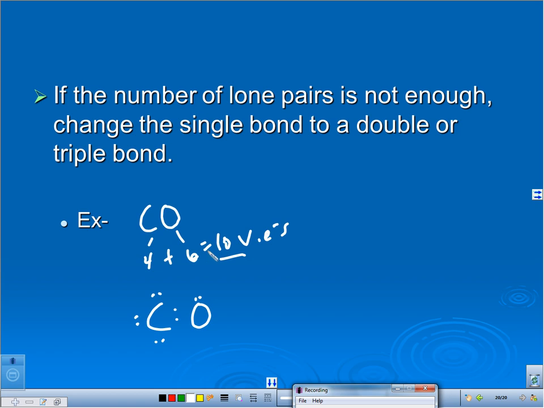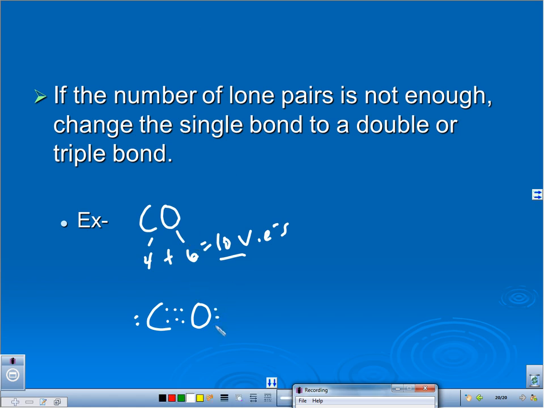So what I'm going to do is change that single bond to a double bond. And by doing that, I take 2 off of that carbon, so it gives me 8 for the carbon and 6 for the oxygen. I have 2, 4, 6, 8, 10. So my problem is still that oxygen does not have its 8. So what I can do in this case is change this to a triple bond, which will allow me to remove a set of electrons from carbon.